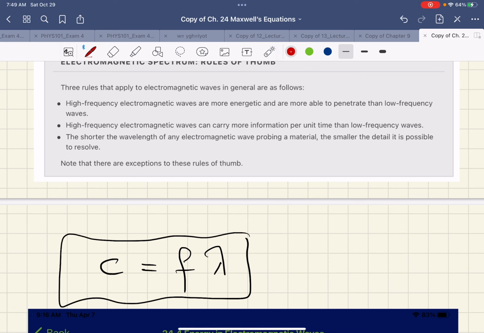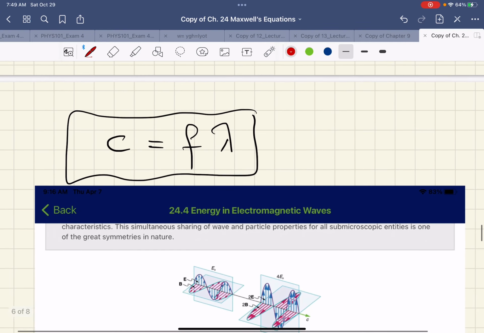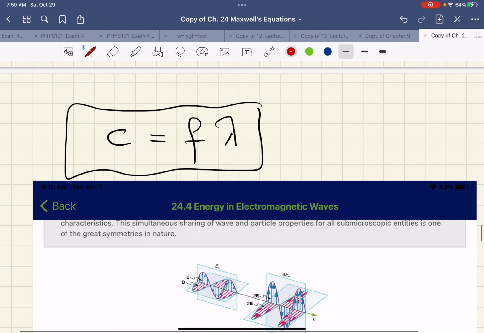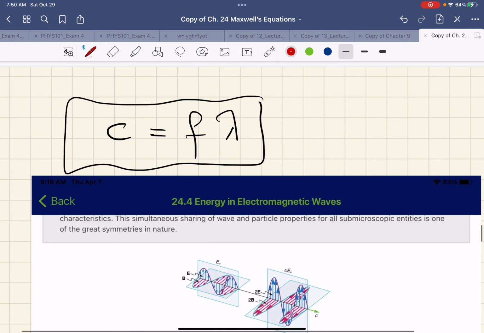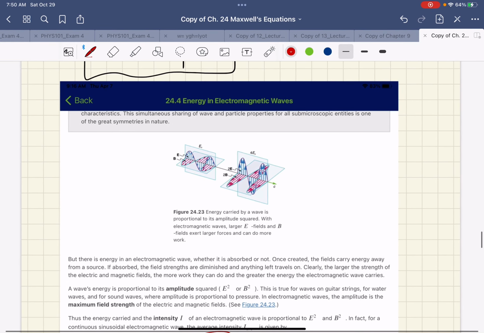Like X-ray, we use it to go deep inside crystals and find something about the crystal. Again, this is a very important equation: C equals F times lambda.